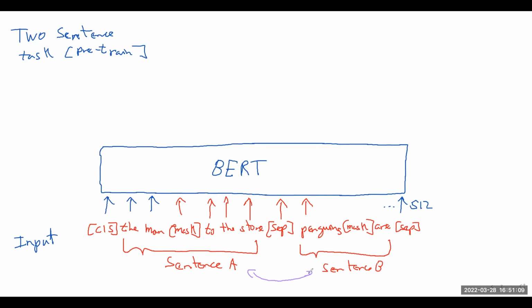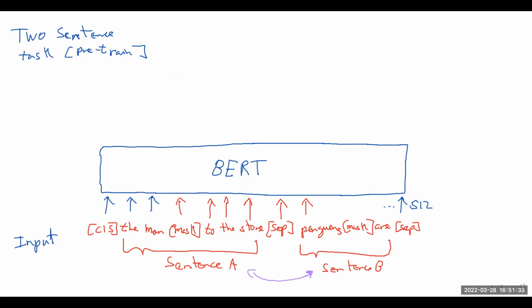So this would be a negative example, right? And then the man went to the store, and the man got some milk and diapers or something. So that's an example of a positive case, and this is an example of a negative case.